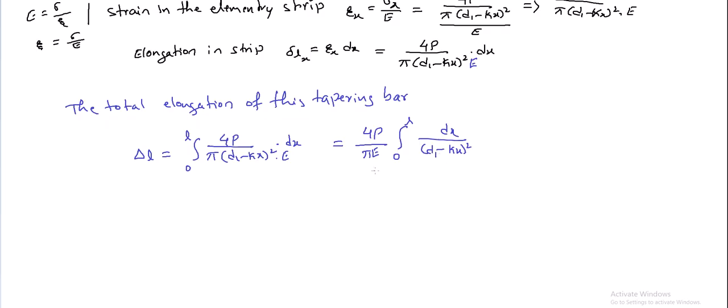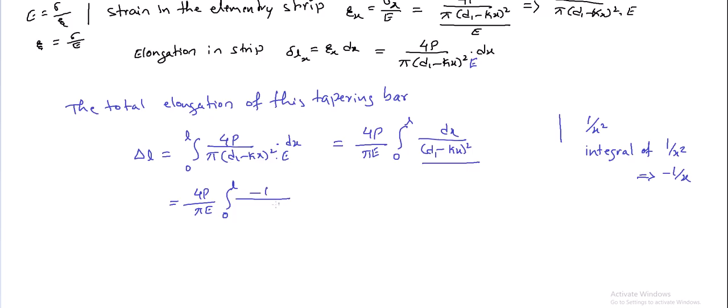Now I need to resolve this to integrate from 0 to L. This particular part looks like 1 by x square, and the integral of 1 by x square is minus 1 by x. So 4P by pi E stays as it is, and the integral of this 1 by x square I write in this form: minus 1 divided by (d1 minus kx), with dx written as it is.